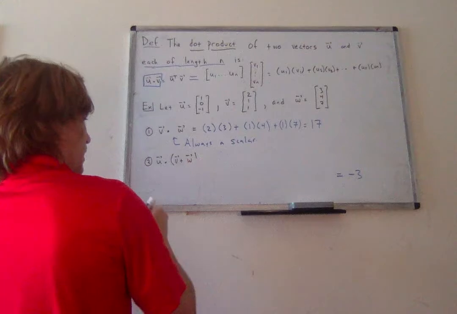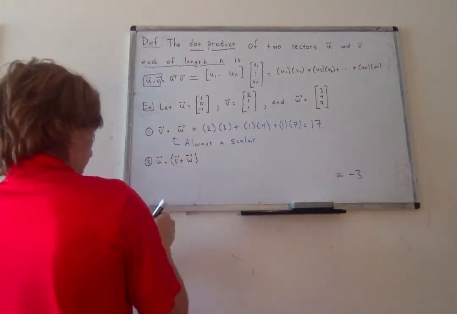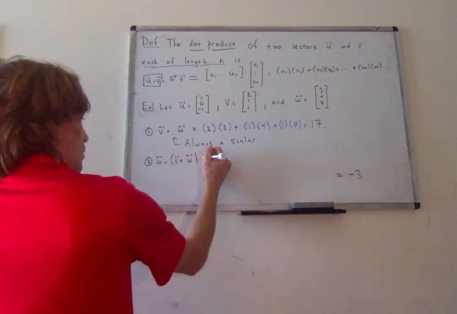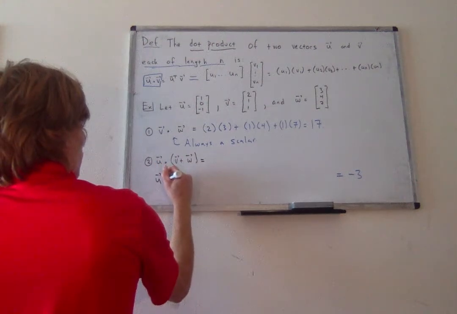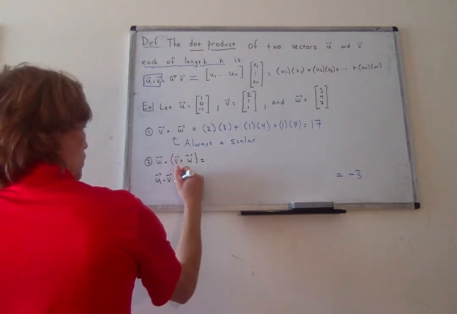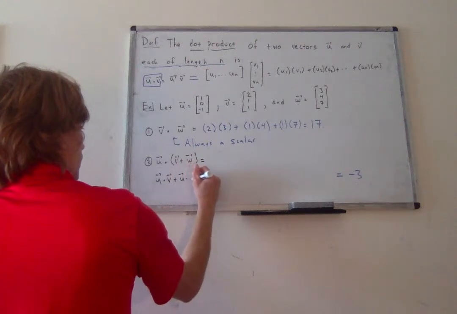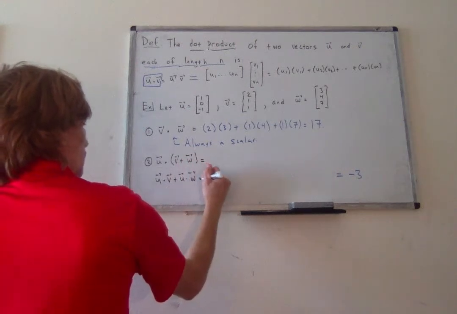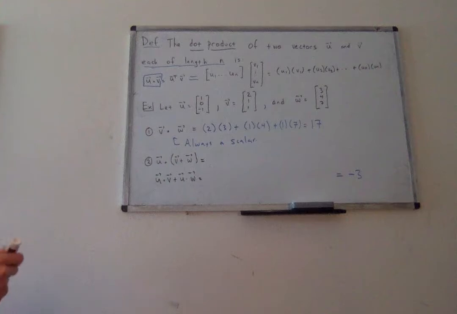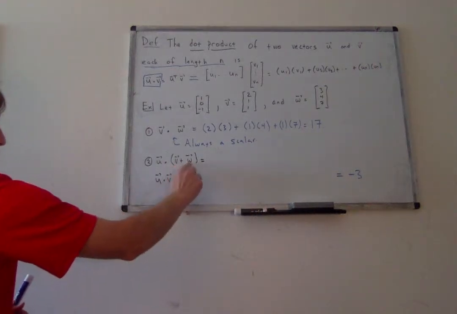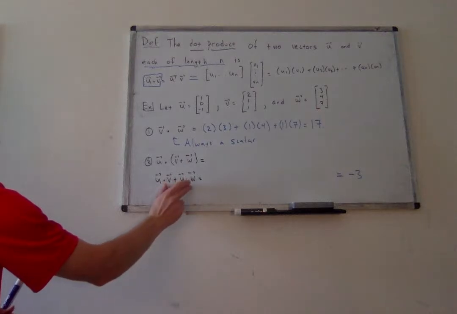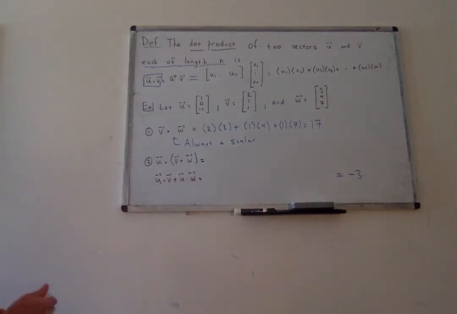And so in fact, this is also equal to u dot v plus u dot w, where I distribute u through this sum, and so I take the individual dot products first and then add them up.